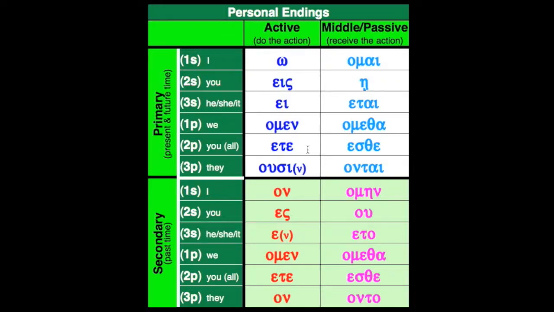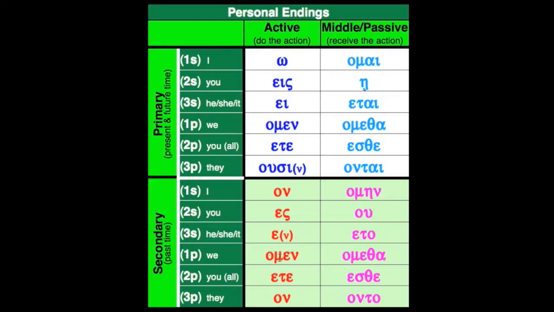But don't just learn the endings, understand what they are doing. Realize that when you use, for example, primary active endings, they change form to give you person and number. They also tell you about the time and that it's an active voice. The primary middle passives tell you present time with a middle passive voice.